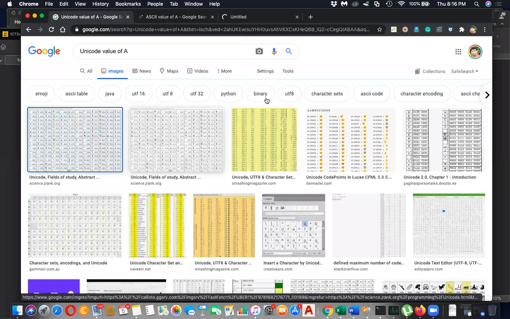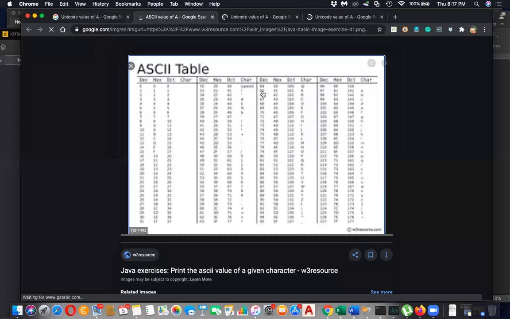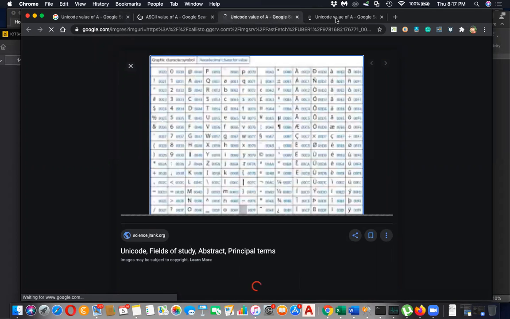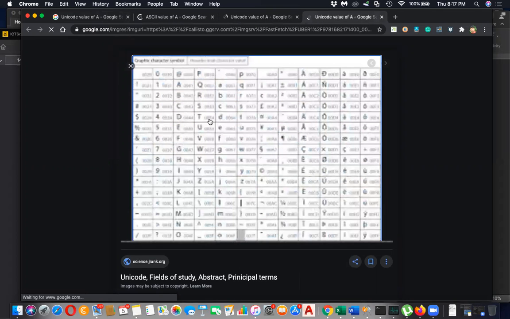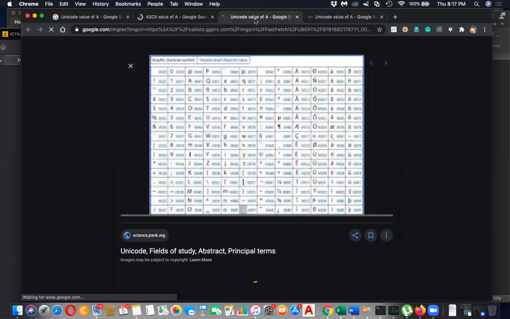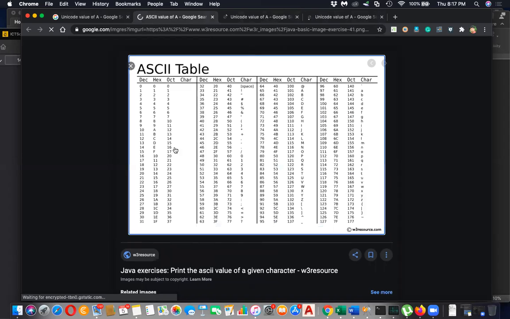Okay, because I can also see it's a bit blurred. Here, 65, let me read. 65 is letter A. Then if I go to this one, here again 0041, 65. In Unicode also the value is 65. But in ASCII, A is 65.